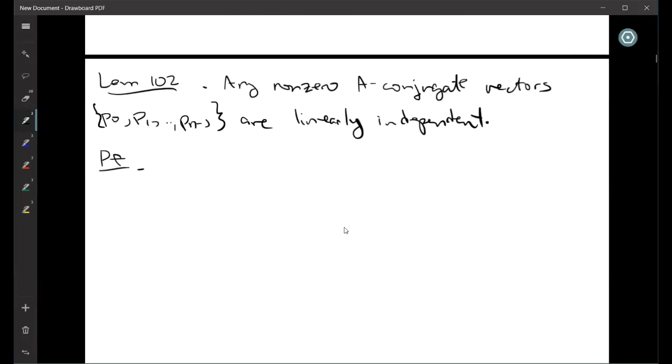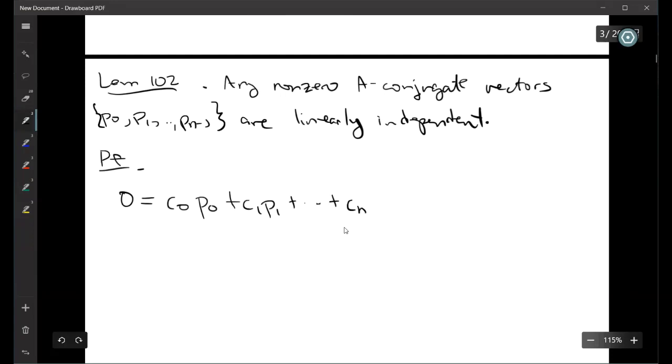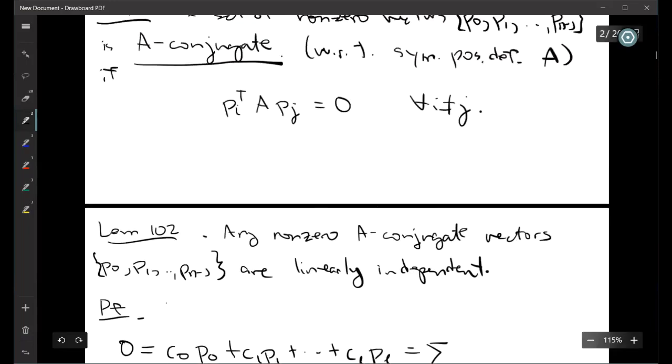So let's assume we can write 0 as this linear combination of these vectors here. So that's c_0 p_0 plus up to c_L p_L. I'll just use vectors up to p_L.